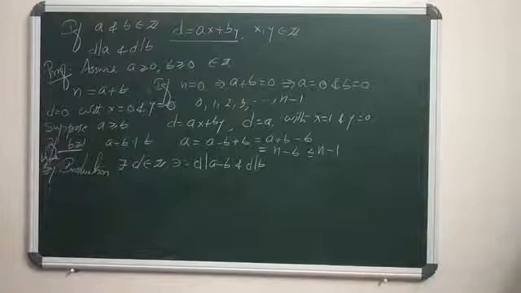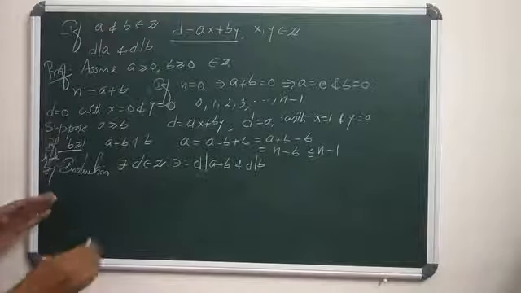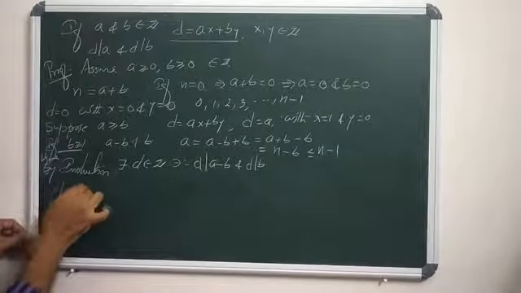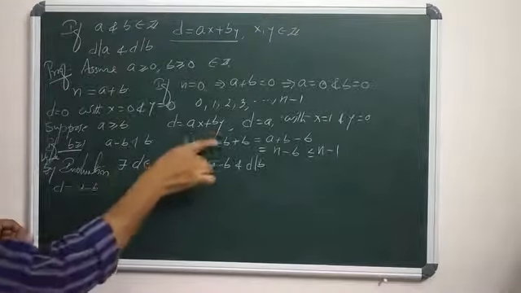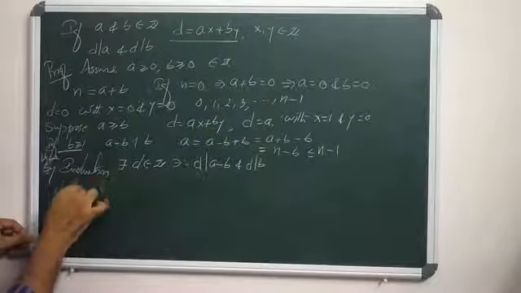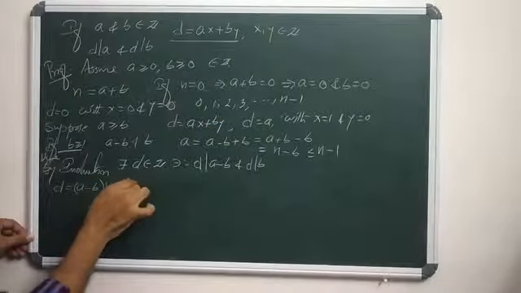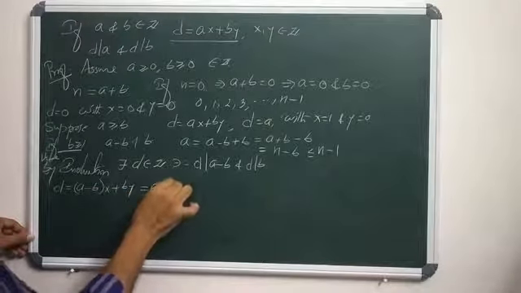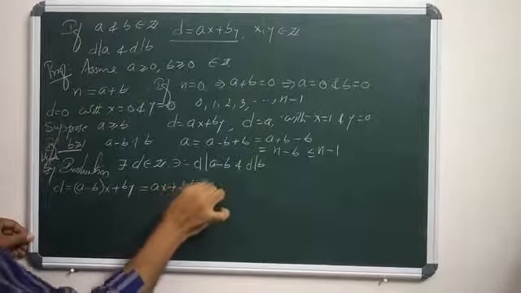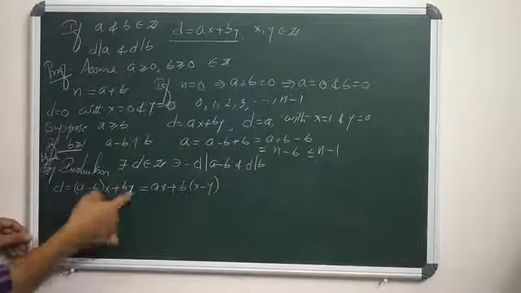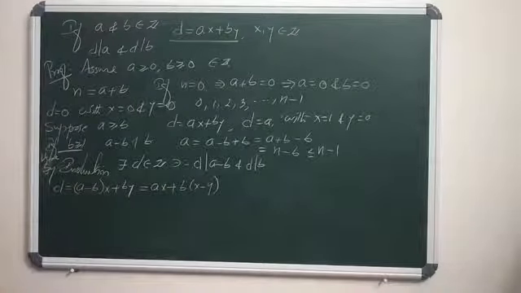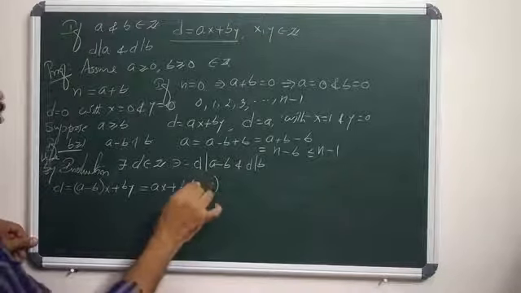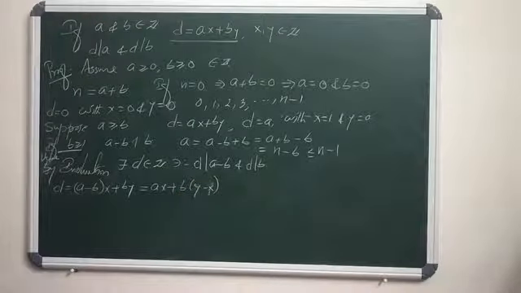Okay, d divides a minus b and d divides b, so d is of the form, since it is true for n minus 1, d equals (a minus b) x plus b y. That equals ax plus b (x minus y), which is ax minus bx plus by, so it is ax plus b (y minus x).